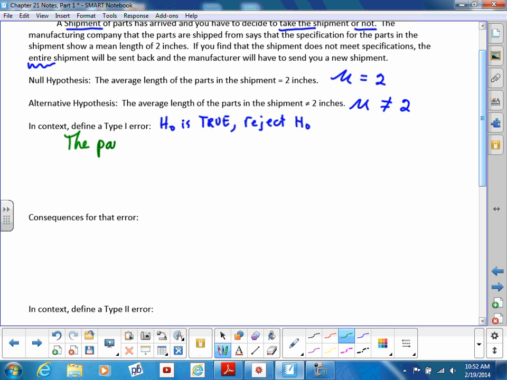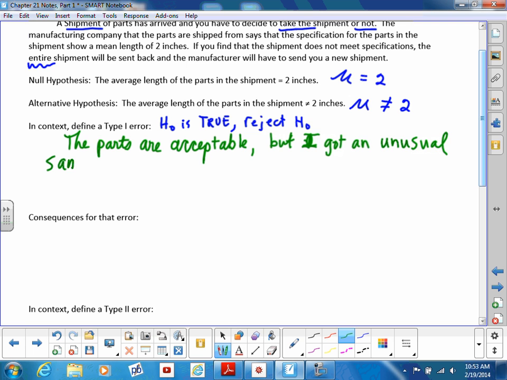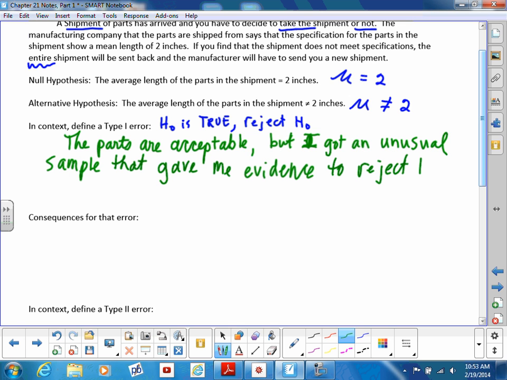Okay, good. So let's do that. The parts are acceptable, but I got an unusual sample that gave me evidence to reject the shipment.